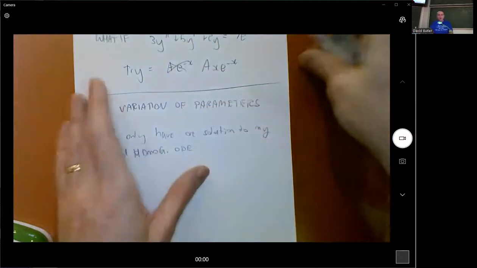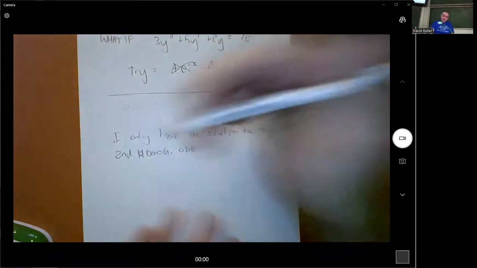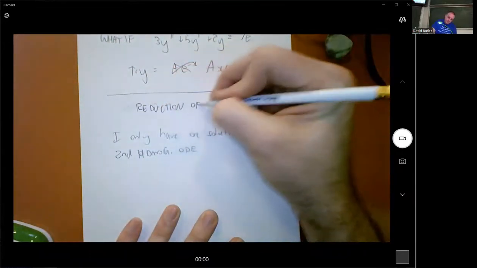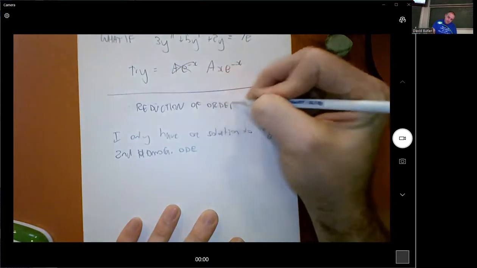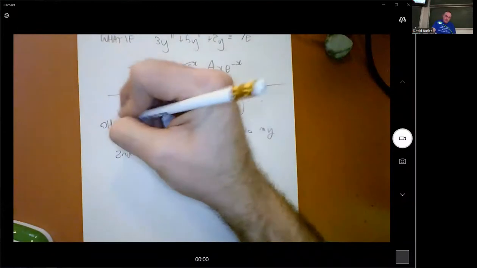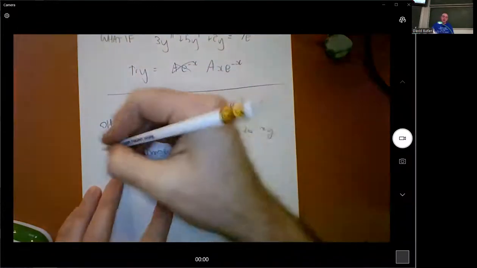Not variation of parameters, sorry, reduction of order. Oh no, I only have one solution to my second order homogeneous ODE.